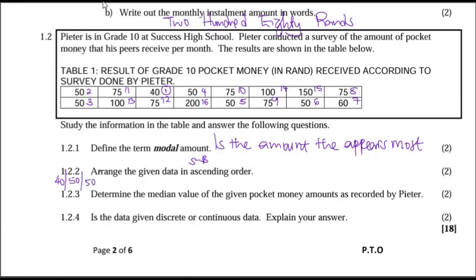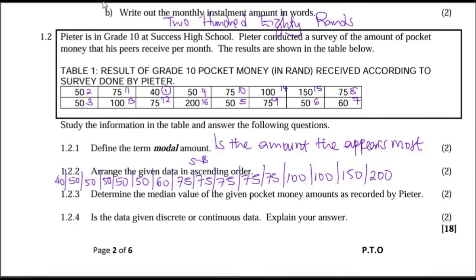There are three 50s, followed by a 60, followed by 5 75s, and then we have a 150, and we have a 200 at the end. This is how it's supposed to be arranged.